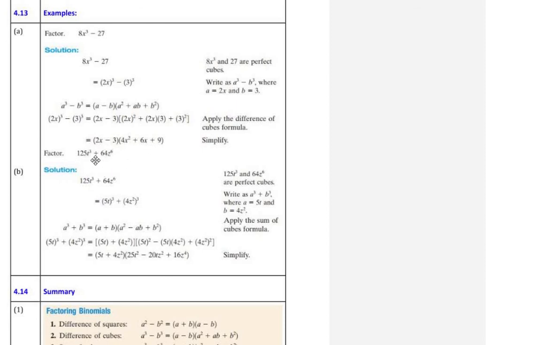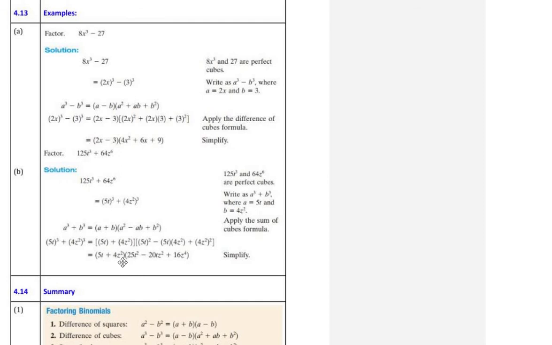Look at this one. It's a 2-term with a sum. Well, it cannot be the sum of squares. So let's see if it's the sum of cubes. Can I get the cube root? Yes, 5 times 5 times 5. And remember, you can check that on your calculators. So 5 times 5 times 5, t times t times t, 4 times 4 times 4, z² times z² times z². So put it in. Cube root, same sign.